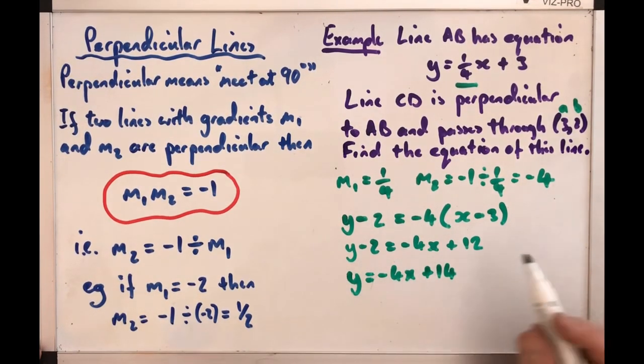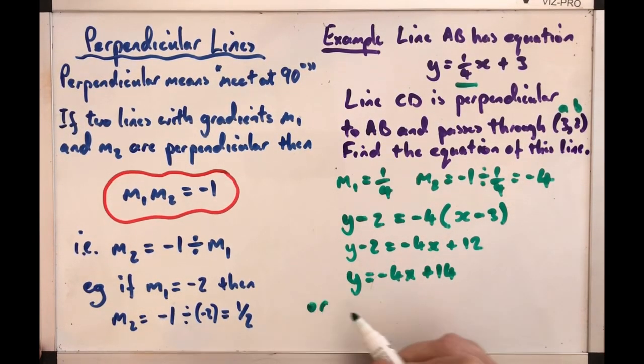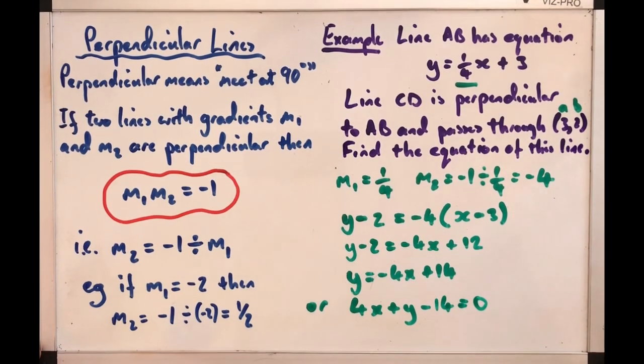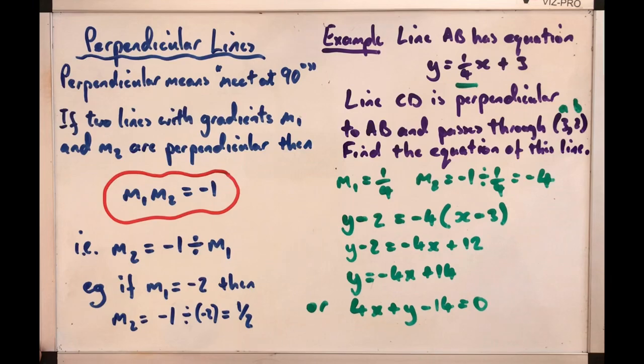Or you could take everything to one side and write 4x plus y minus 14 equals 0. Either would be okay. So that's perpendicular lines and the end of straight lines video 3.